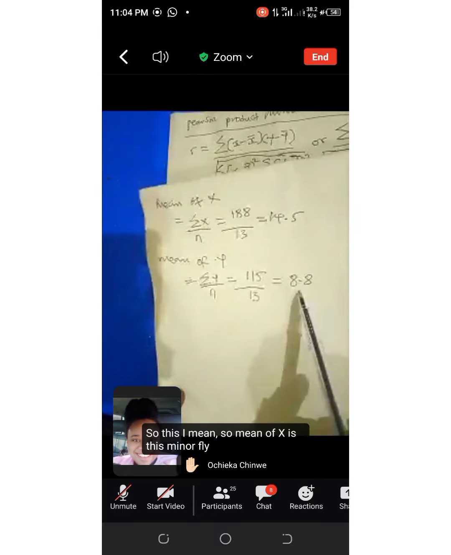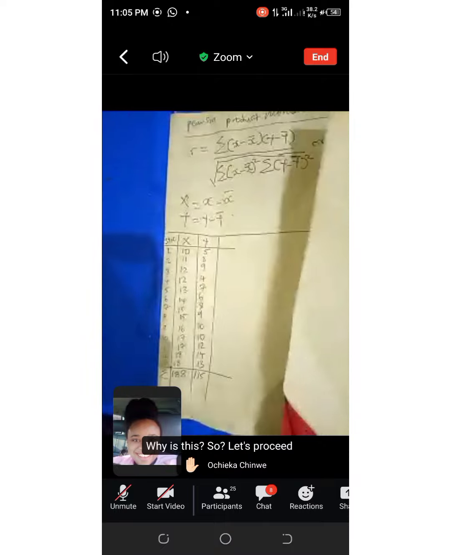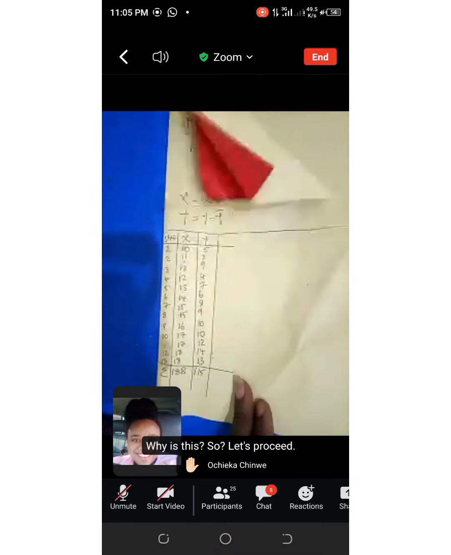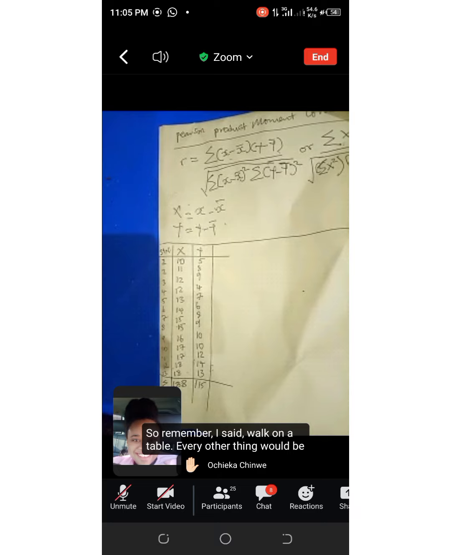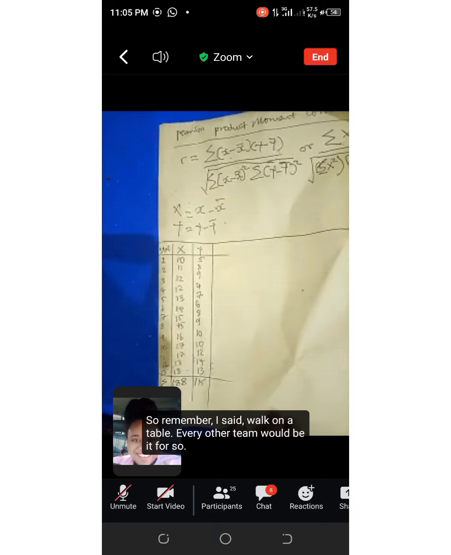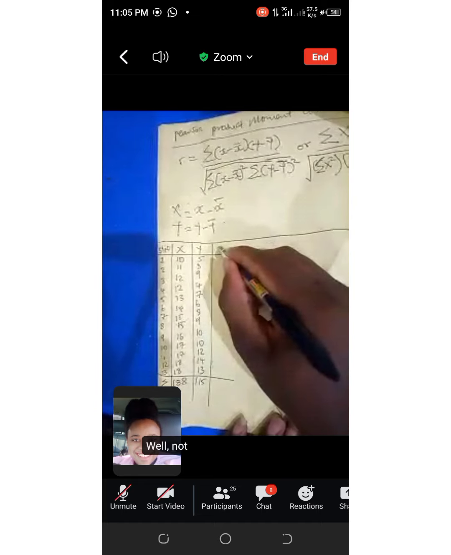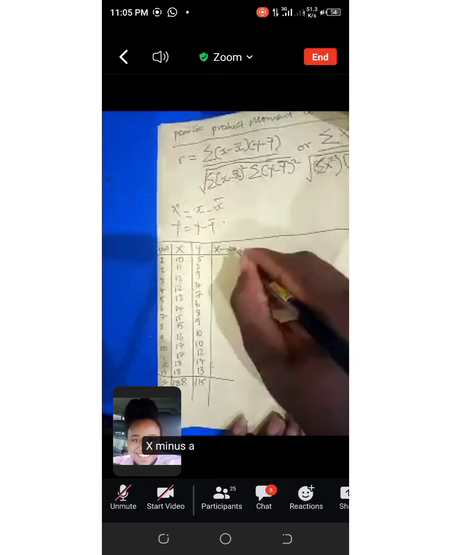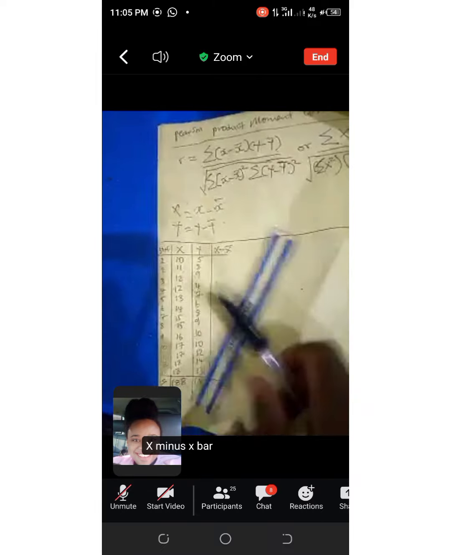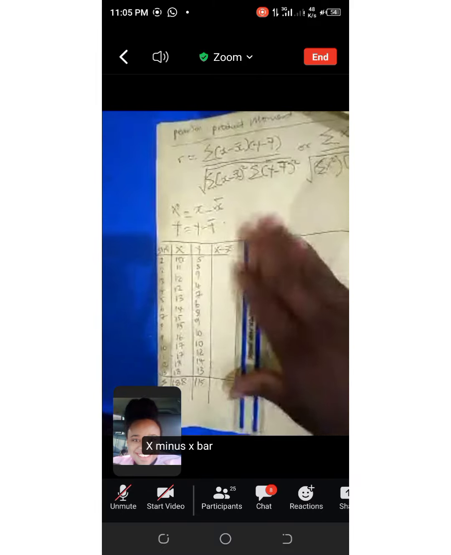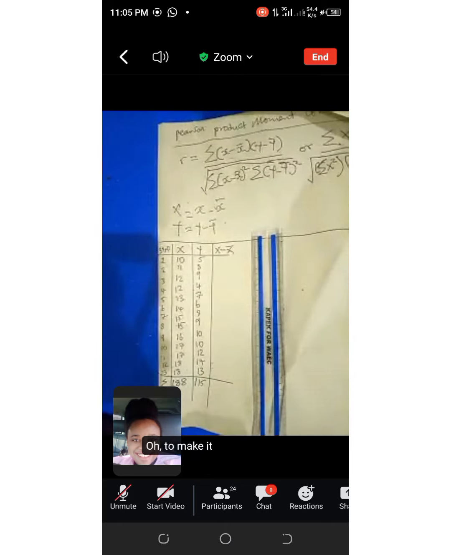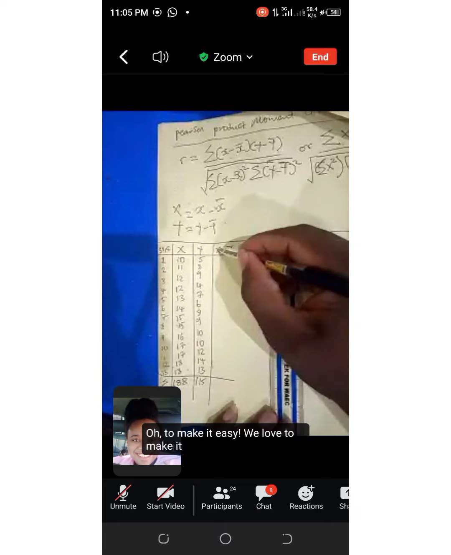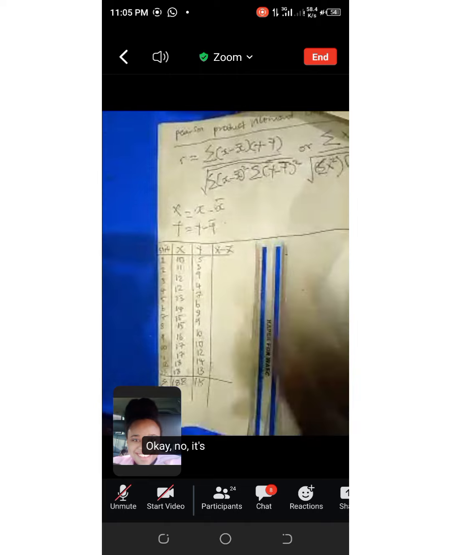So let's proceed. Remember I said work on our table. If we work on our table, everything else will be great. We'll now put the next one, x minus x bar.